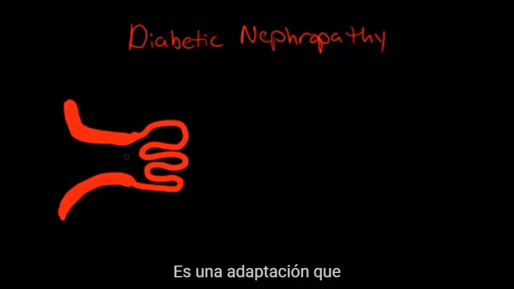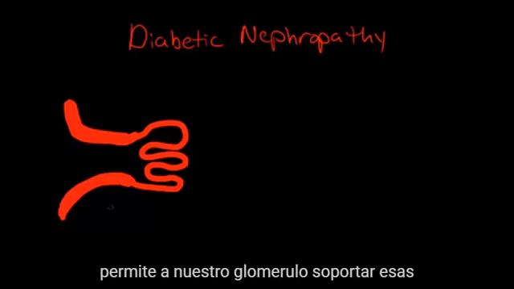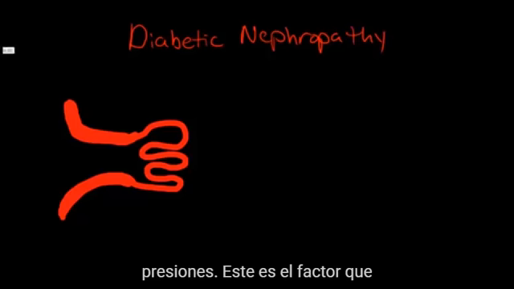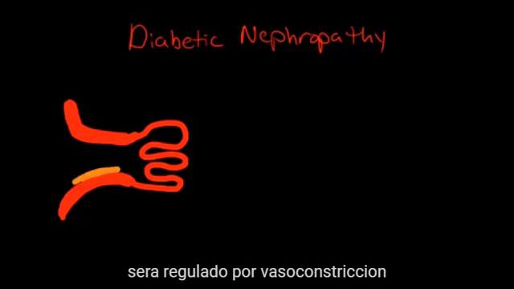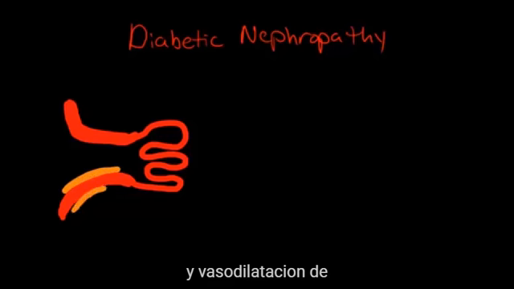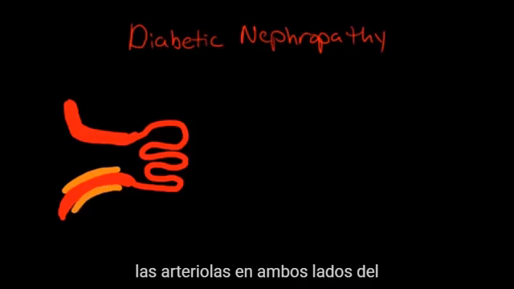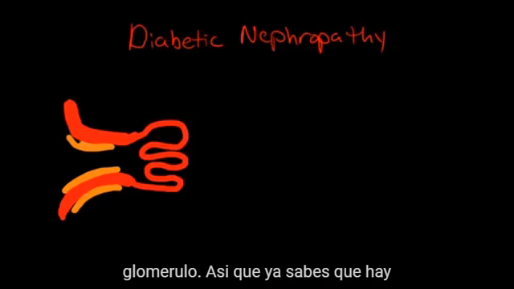Now, one of the adaptations that allows our glomerulus to withstand those pressures is the fact that we tightly regulate those pressures by vasoconstricting and vasodilating the arterioles on both sides of the glomerulus.